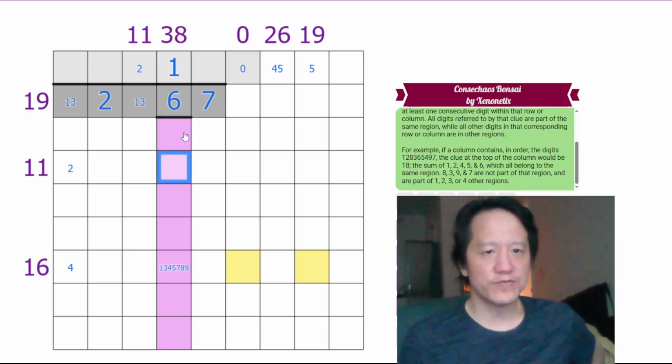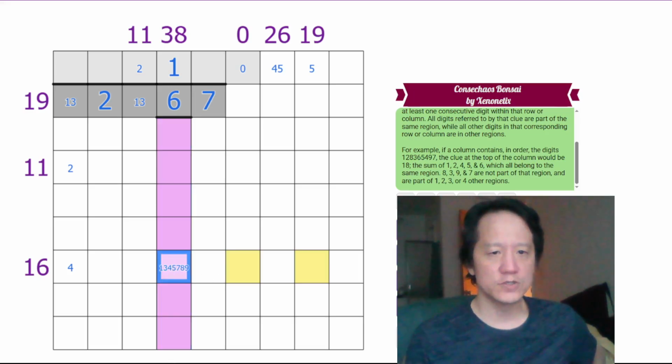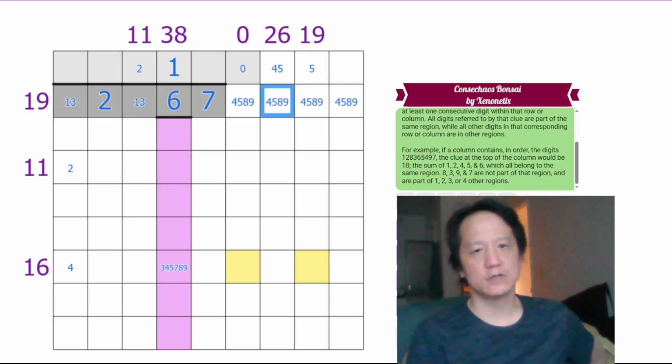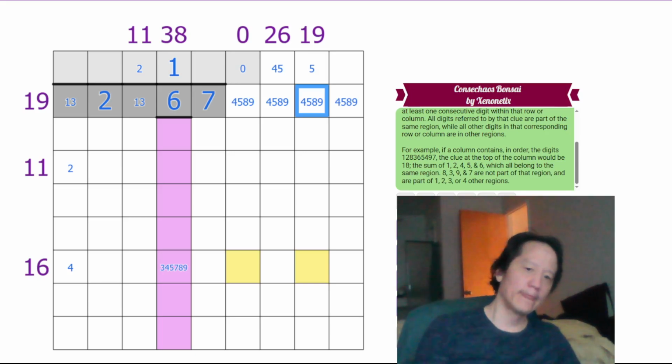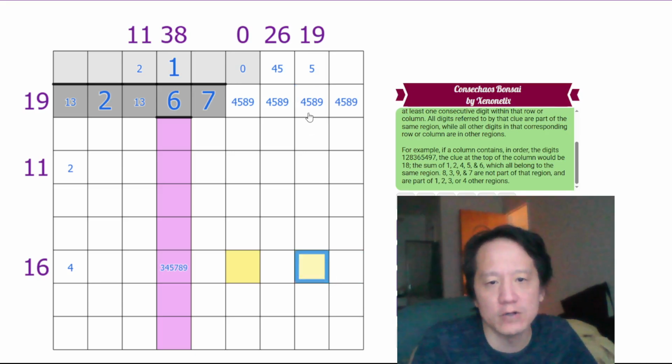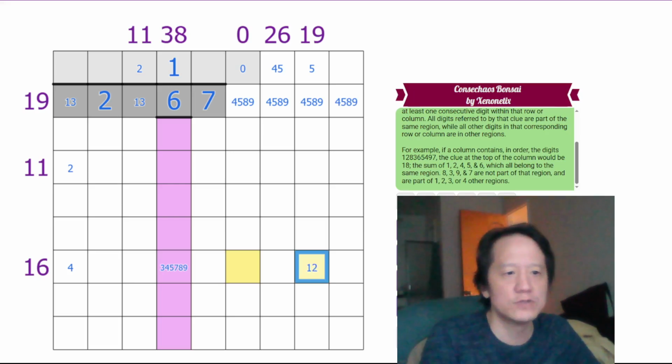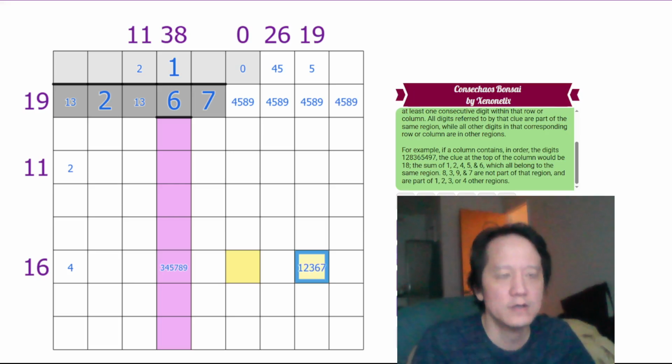We have 2 through 5 and 8 and 9 here. So no 1 here. This has to be 4, 5, 8, 9, and they cannot be consecutive with each other. Oh, this is part of this 19 region, then, if that's the case. Which means this is 1, 2, 3, 6, 7. But then we have a problem.